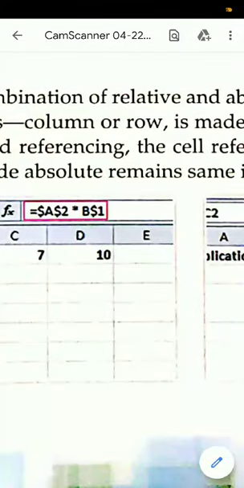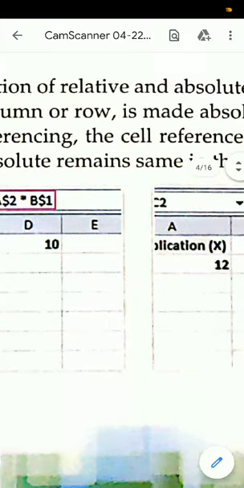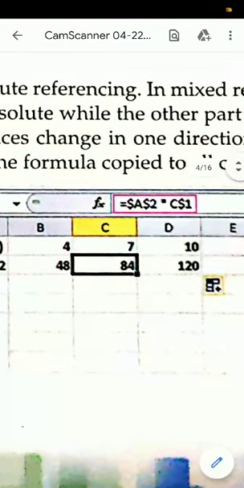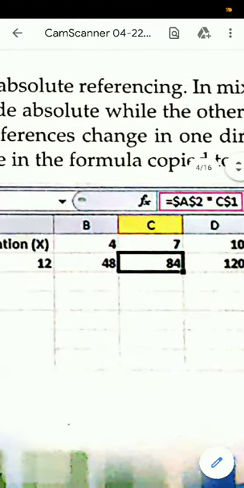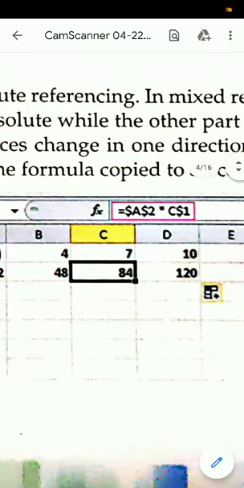Only the column is changing, because we are not putting the $ sign before the B. If we put the $ sign before the B, the column B would remain constant, meaning we cannot move into another column. In the second one, 12 into 7 is 84. The first one is B, but here it is C$1.